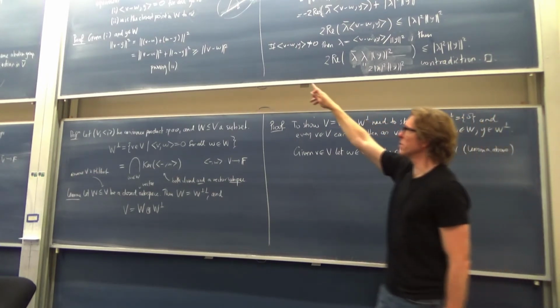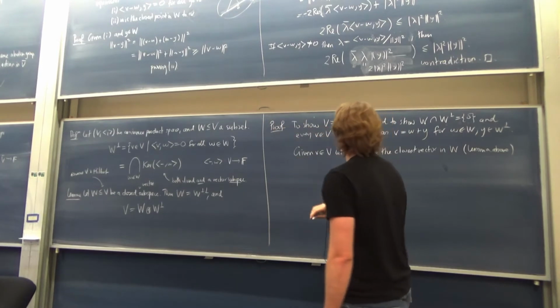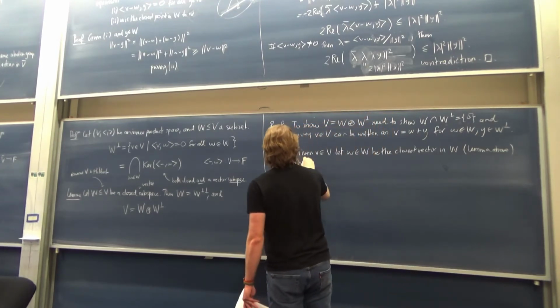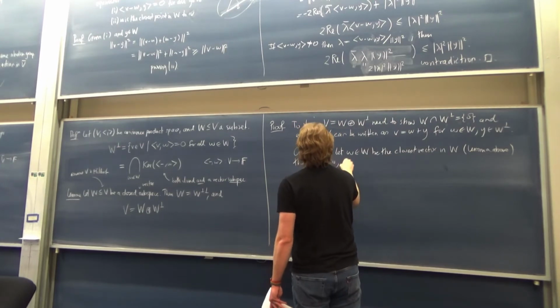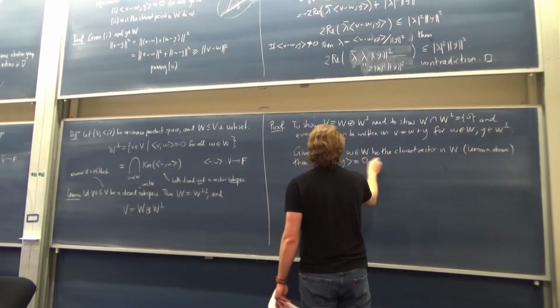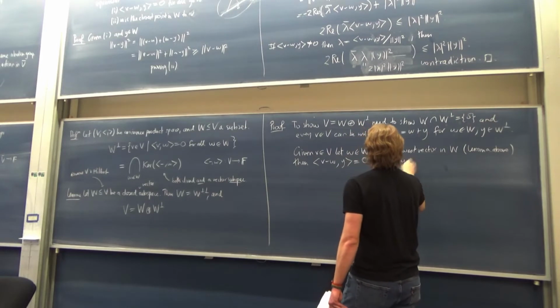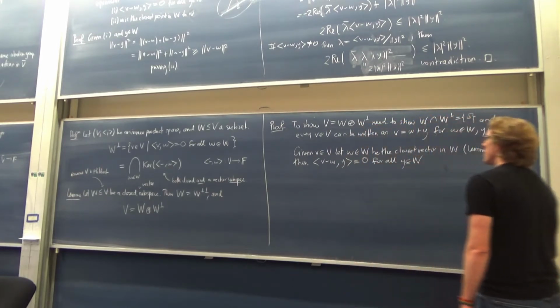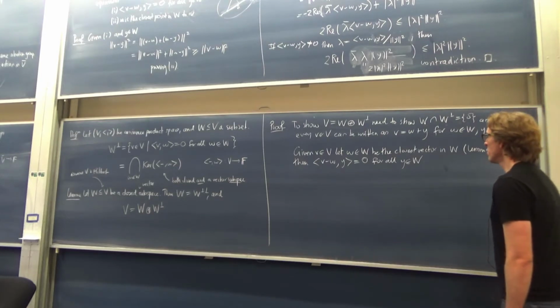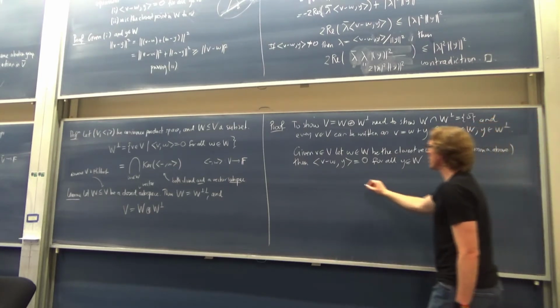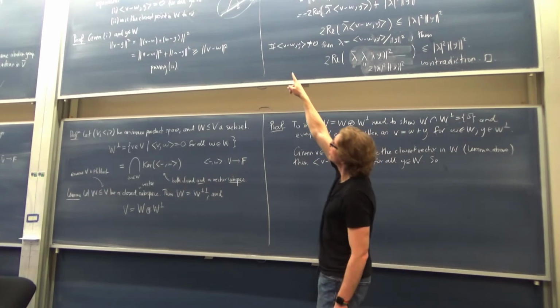Now we can use the characterization given by this lemma, which is to say that v minus w is orthogonal to everything in W. But then, just think about this picture.